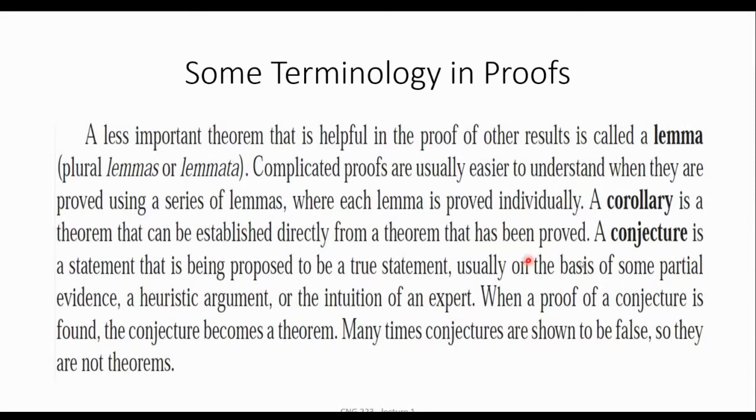And a conjecture is a statement that is being proposed to be true, usually on the basis of some partial evidence, a heuristic argument, or the intuition of an expert. So this conjecture is very close to axioms, as we mentioned, which are pretty much like assumptions that we use in our theorems.